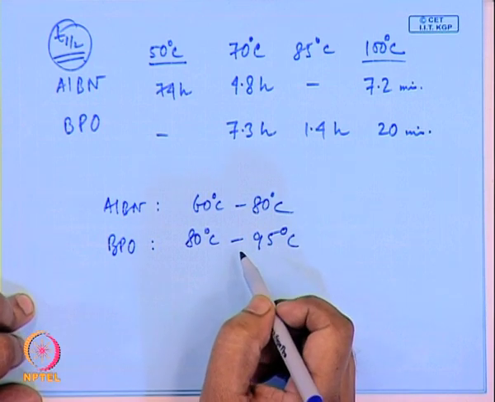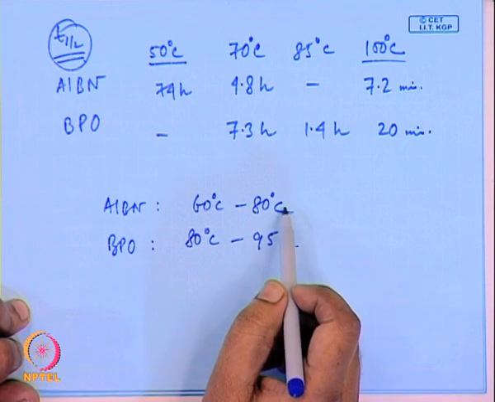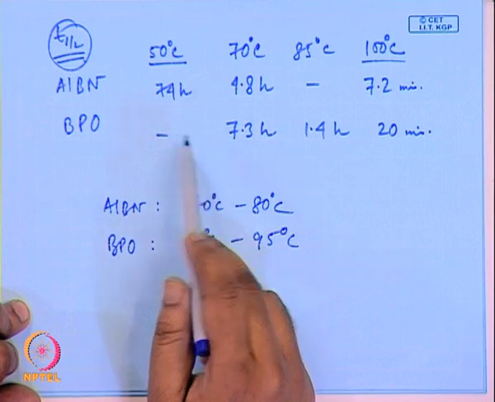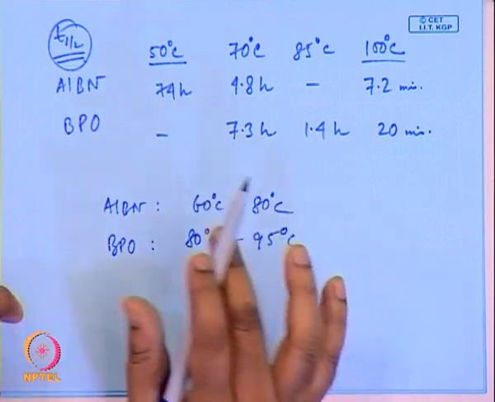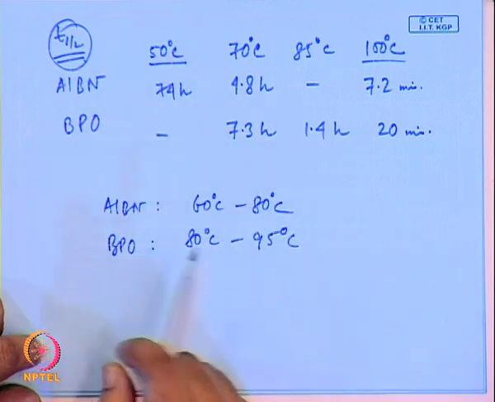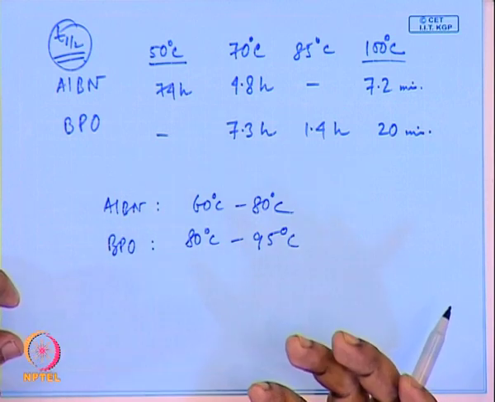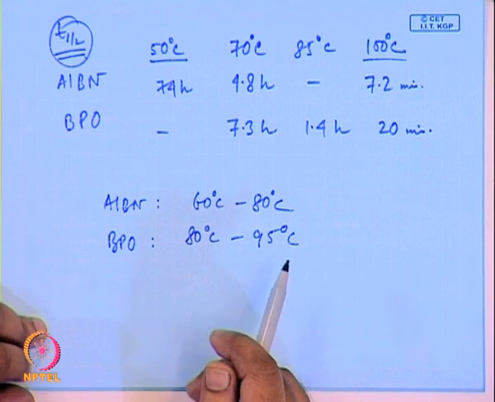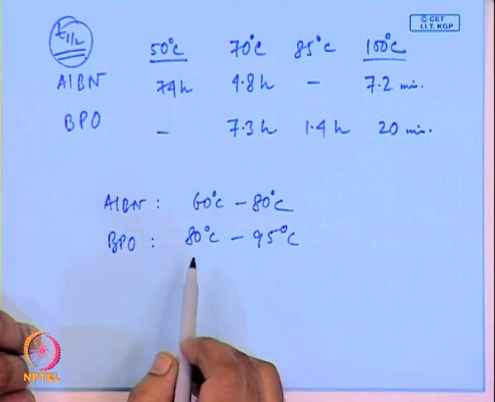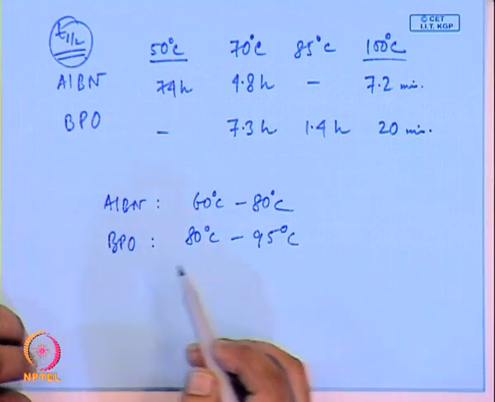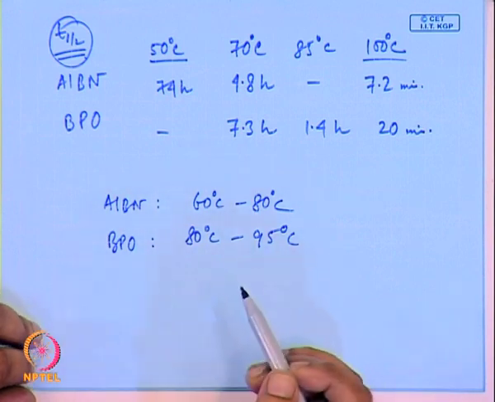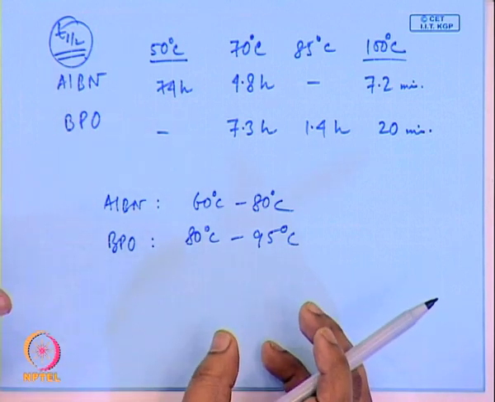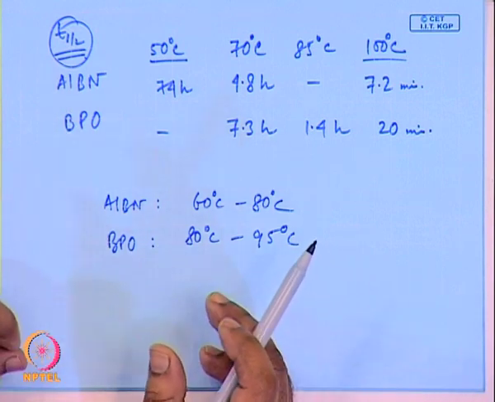And the temperature at which the t half value becomes 10 hours is typically the most used temperature. For that, AIBN is about 60 degree centigrade and BPO is about 65 degree centigrade, but it all depends upon how fast you want to carry out a reaction.